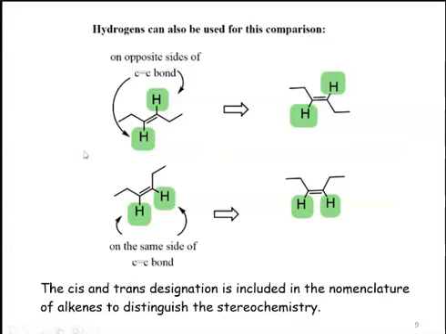With this example, we can conclude that depending on the position of hydrogens, just as with the position of similar functional groups, we can determine whether the diastereomer is a cis isomer or a trans isomer. Based on the orientation of the hydrogen atoms about the doubly bonded carbon atoms, we can easily distinguish which is the cis isomer and which is the trans isomer. This isomer is the cis isomer and this is the trans isomer.